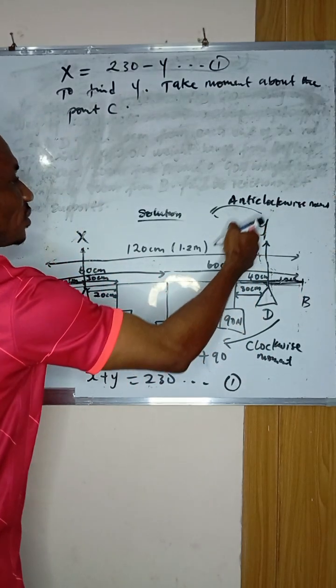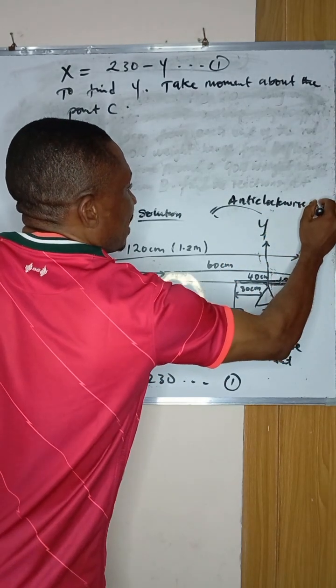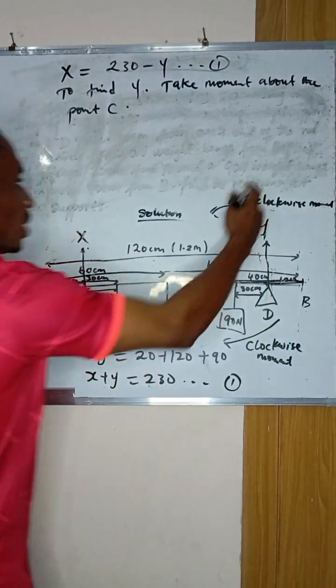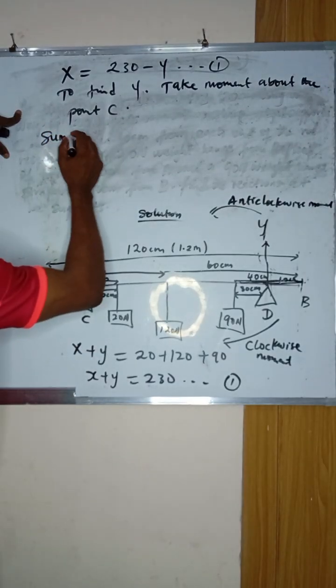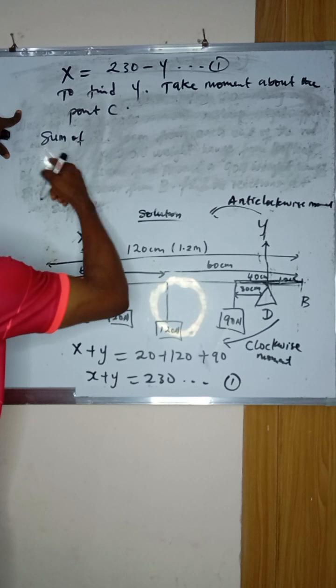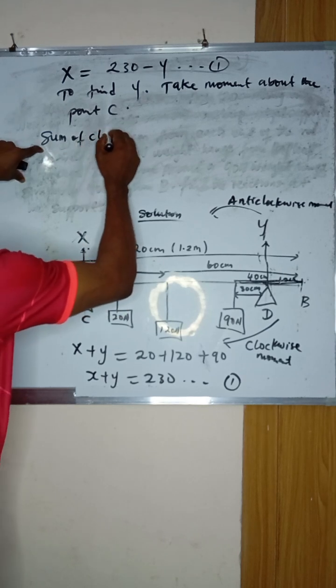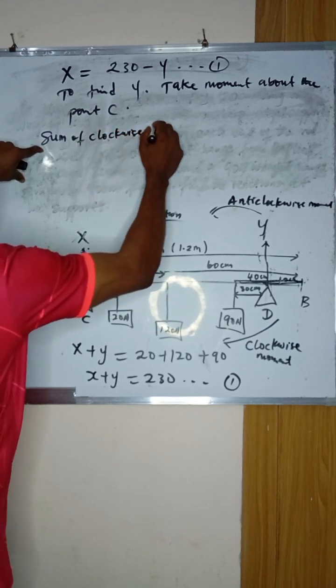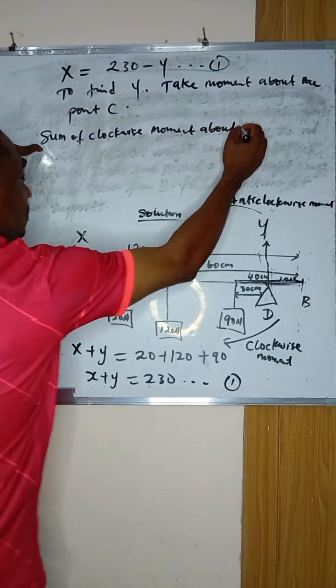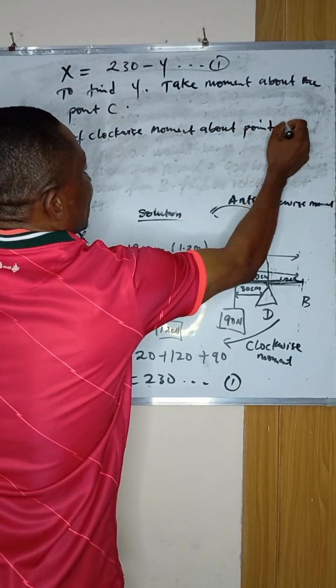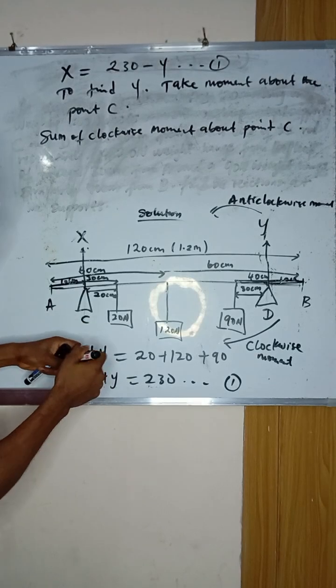This is what I mean by moment. So what is my clockwise? Sum of my clockwise moment about point C.